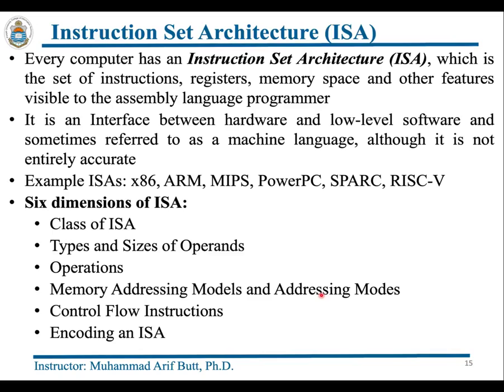And by addressing mode, I mean different ways in which the operands of an instruction can be specified. The next dimension of ISA is the control flow instruction, which means how the language allows us to decide and specify which instruction to process next, whether it is the next instruction in the sequence or a jump instruction. And finally, the encoding of the ISA.